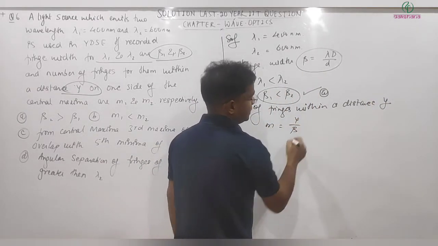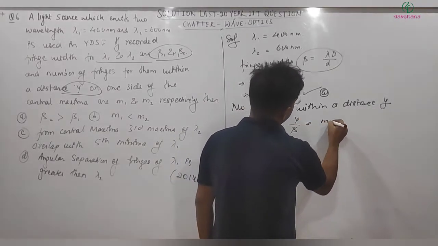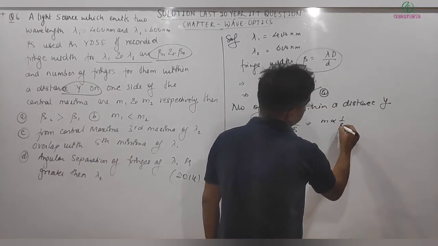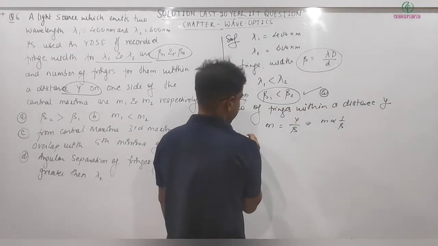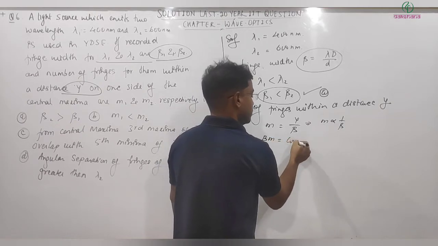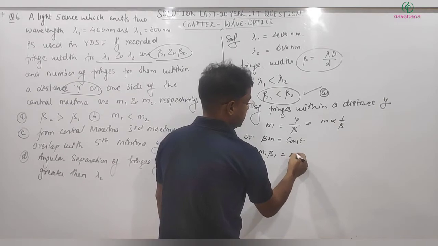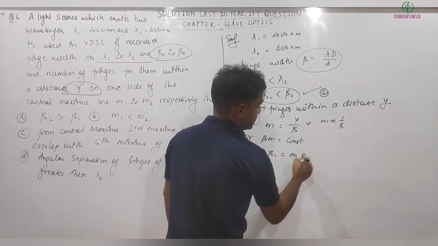Y divided by beta. Y is constant. This implies m is inversely proportional to beta, right? Or I can write beta into m equal to constant. This implies m1 beta 1 should be equal to m2 beta 2.